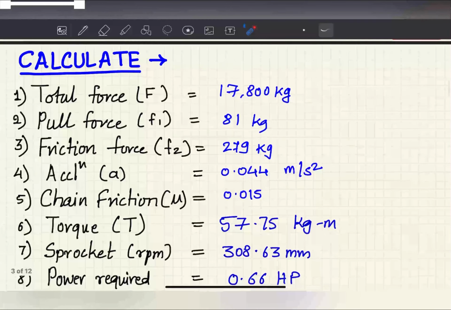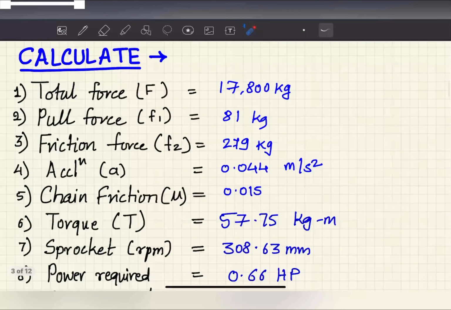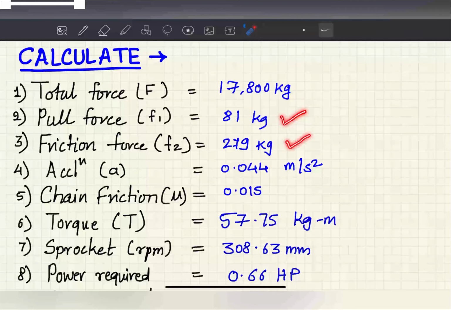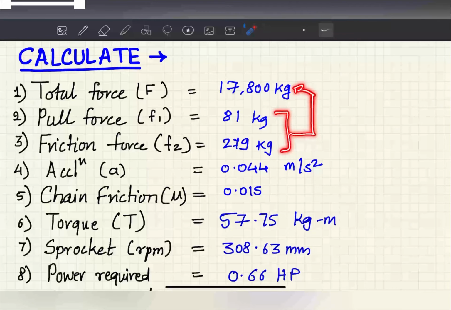What we are going to learn in this video is how to calculate a total force. In the total force we will see pull force and friction force. With addition of these two we can calculate a total force required.